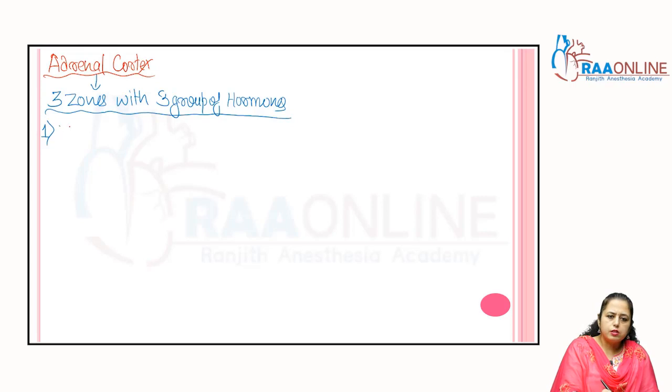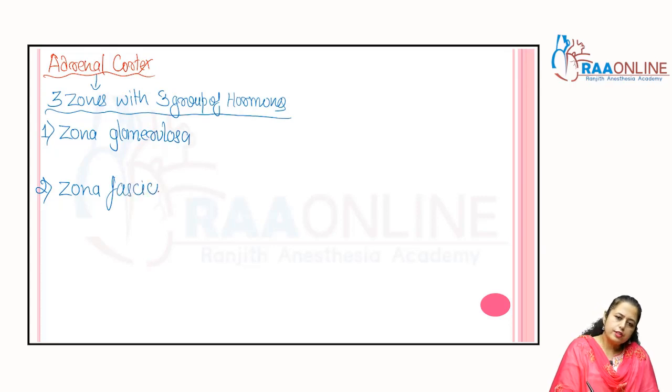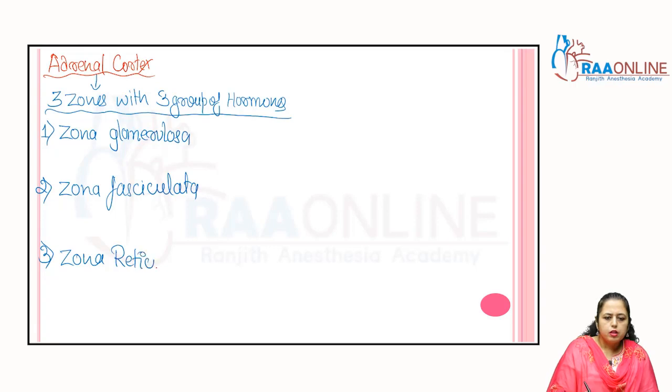First is zona glomerulosa, second is zona fasciculata, and the third one is zona reticularis, right?